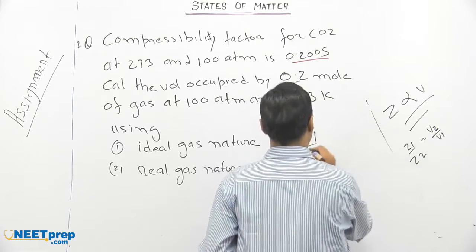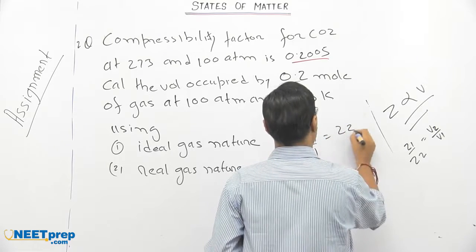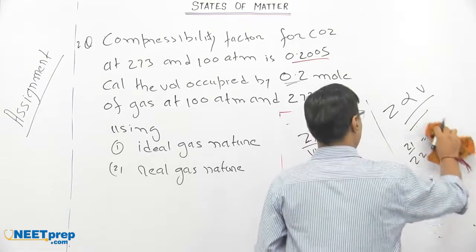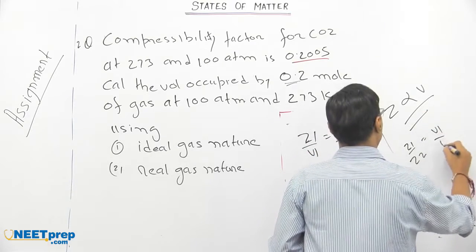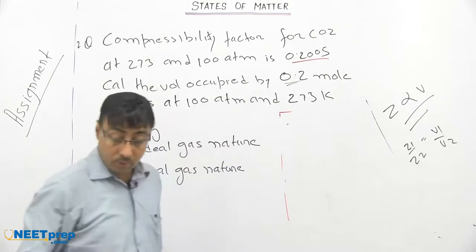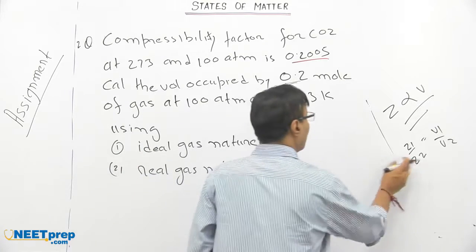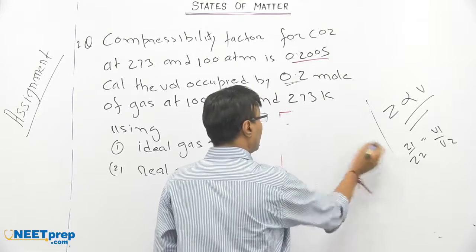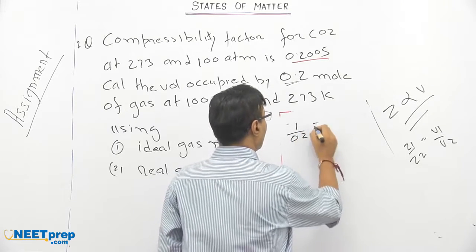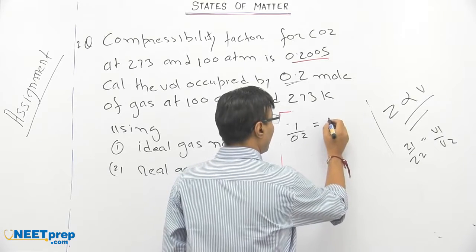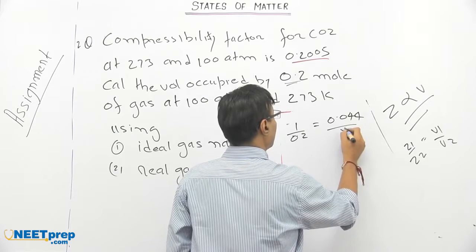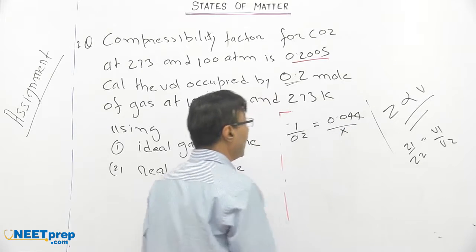So here, what is the Z1? It is 1 by 0.2. What was the volume initially? 0.044. Then we need to find out the value at this.